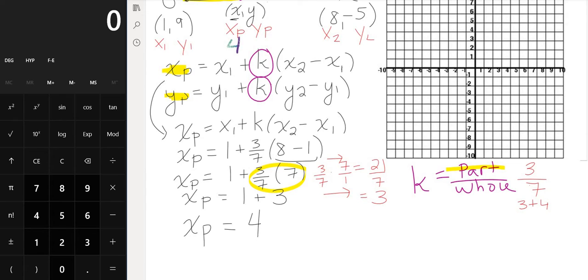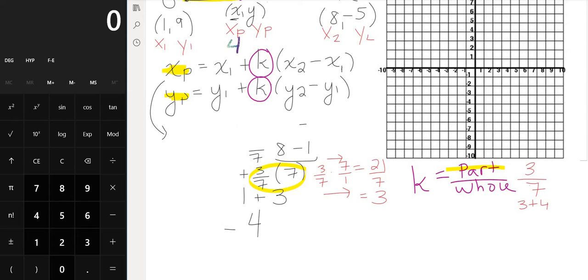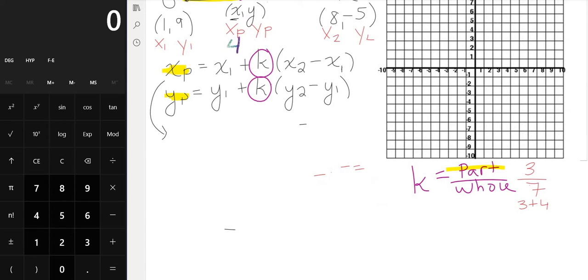We repeat this one more time, but now we do it with the Y values. So I'm going to go ahead and give myself some room to write. And you should be copying all of this down for your notes. Okay, so the Y value now.